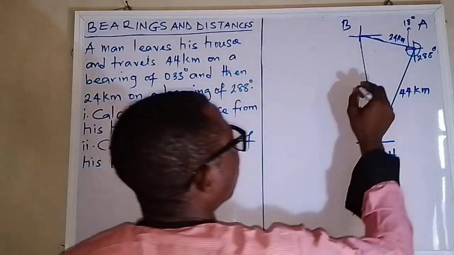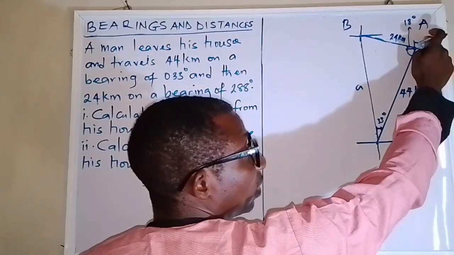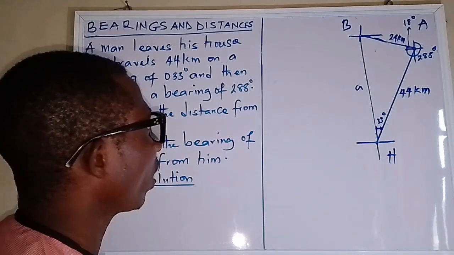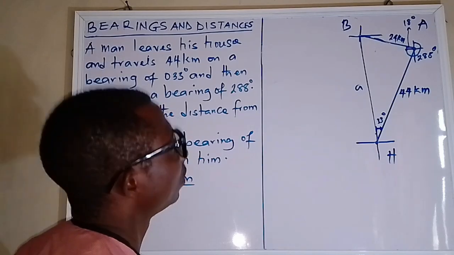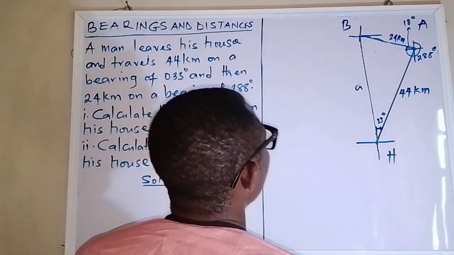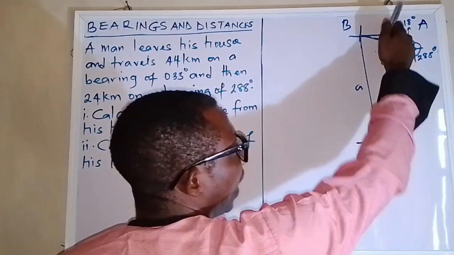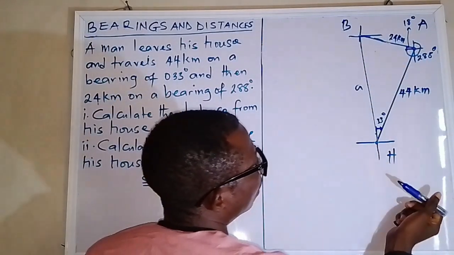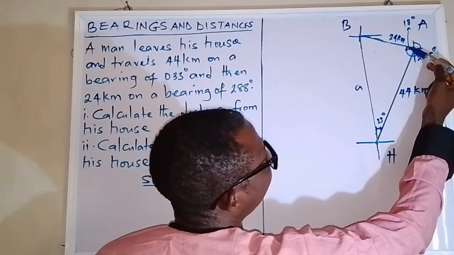That's going to be small a because this is an angle A, so this will be side A. Now we have a side. We need to get this angle. Now let's see this angle here. This is 18.